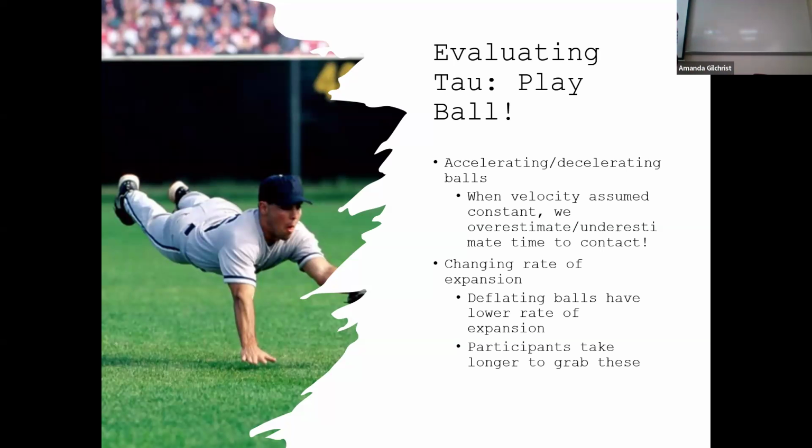On the other hand, if it suddenly rapidly accelerates, we're going to miss it because it's not time to grab it yet. So when velocity is assumed constant, with accelerating balls, we overestimate the time we have. And with decelerating balls, we underestimate the time we have.